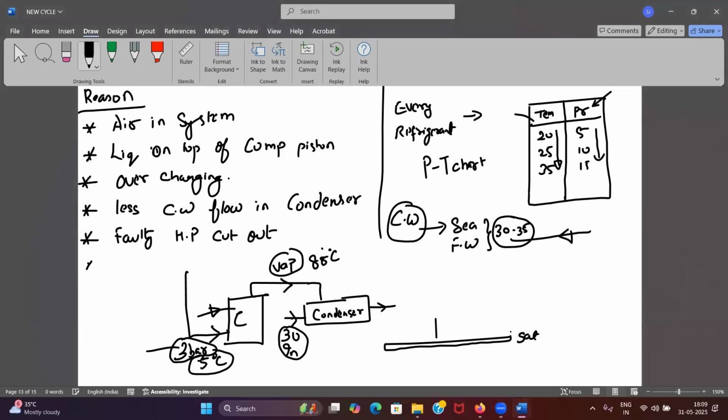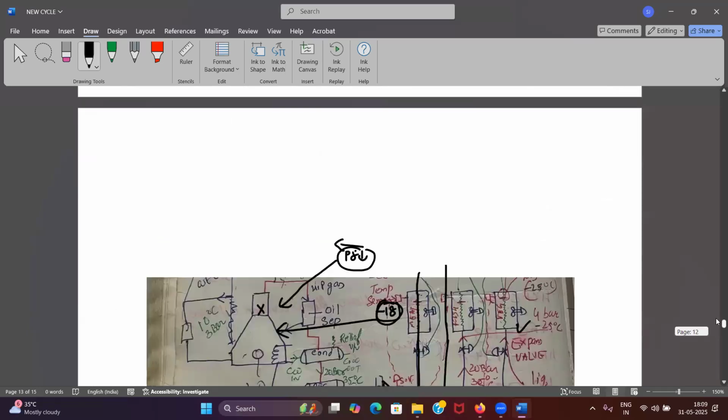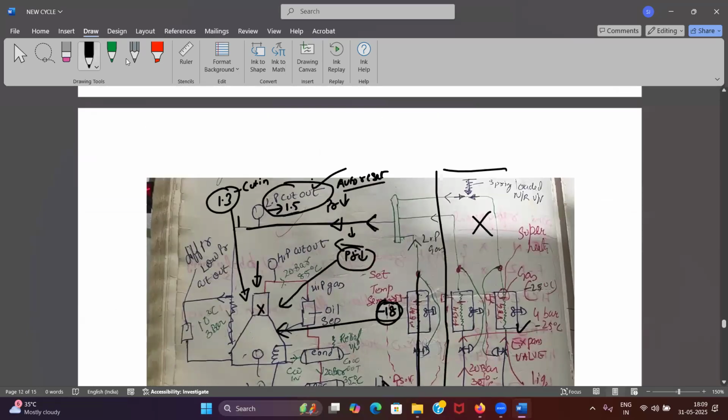Above this saturation point it will be superheated, below this it will be subcooled, that means it will be getting condensed. Now I have increased the pressure of my refrigerant to 20 bar, and the saturation temperature has reached up to 85 degrees Celsius.